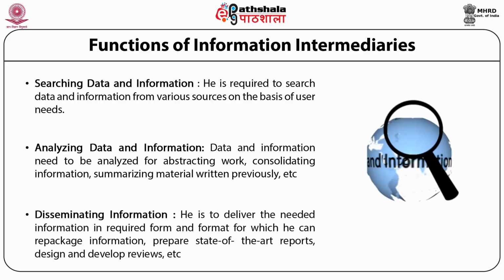Disseminating information is another function. He is to deliver the needed information in required form and format for which he can repackage information, prepare state-of-the-art reports, design and develop reviews, etc.